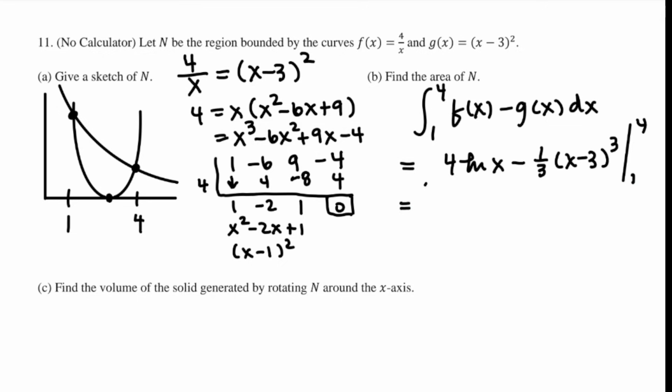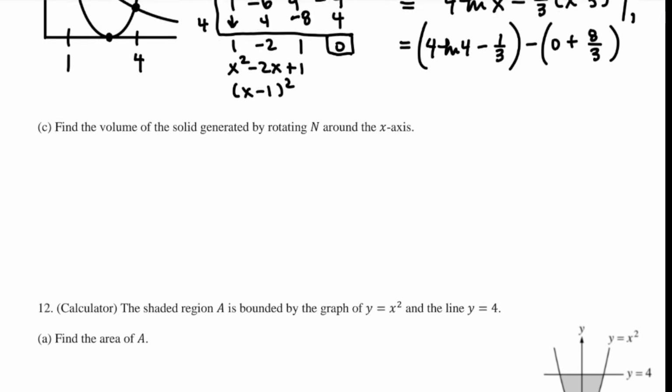Okay, so that's going to be 4 natural log of 4 minus 1/3 of 1 cubed. Okay, 4 natural log of 1 is 0, minus 1/3 of negative 2 cubed. So minus 1/3 of negative 8 is plus 8/3. You could call it 4 log 4 minus 7/3, but I think if it's multiple choice, we're going to be able to do that mentally, and that's a safe place for us to stop.